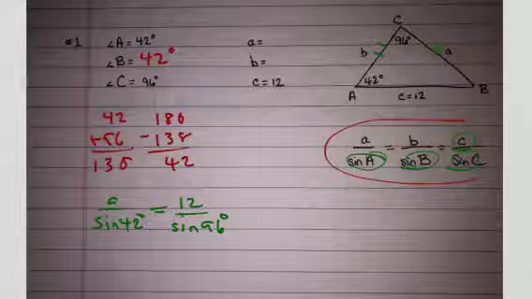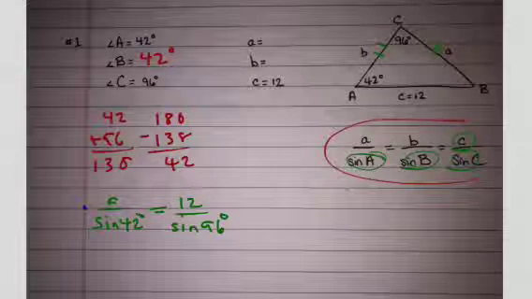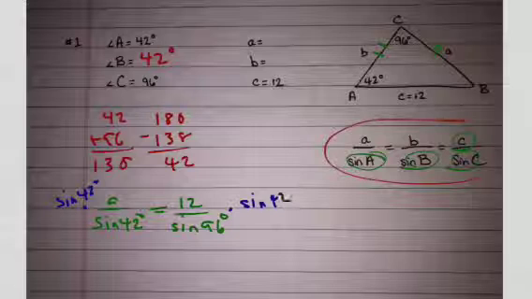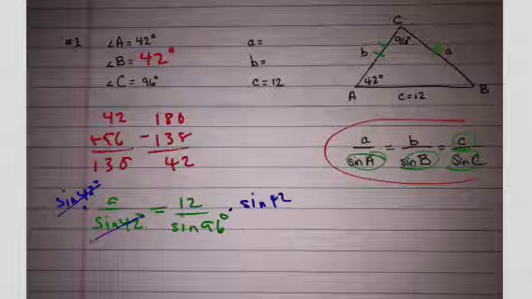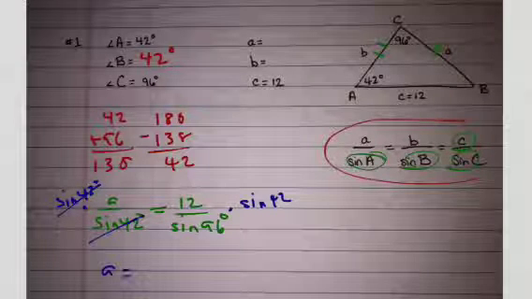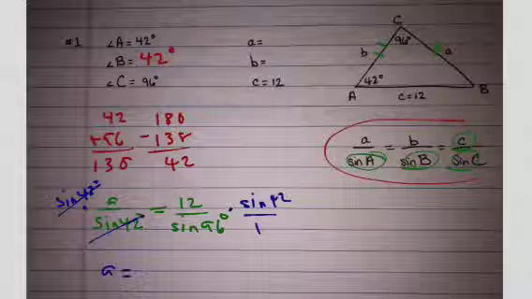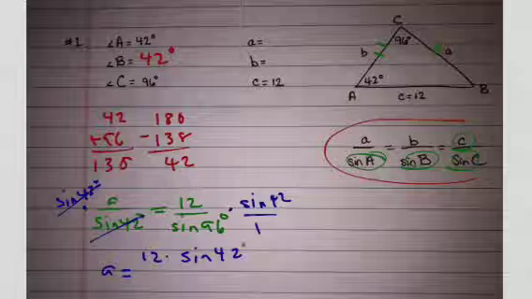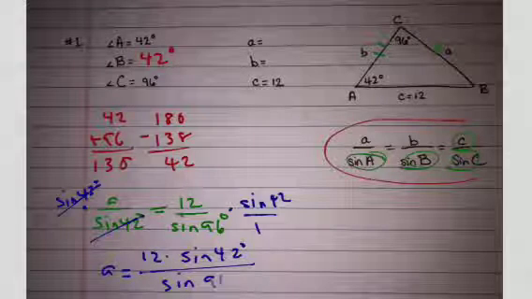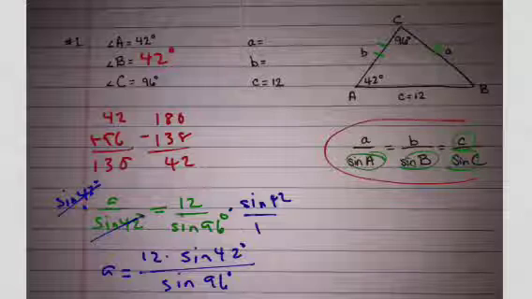First off, we're going to multiply both sides by sine 42, because we're trying to solve for A. That means A will be equal to, multiplying across, numerator 12 times sine 42, denominator sine 96 times 1, which just makes sine 96.